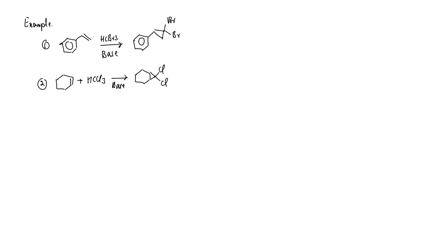Consider, let me take a base such as OH. When it reacts with bromoform, a carbene like this is formed, CBr2, which is dibromocarbene. Let me clarify it a bit.